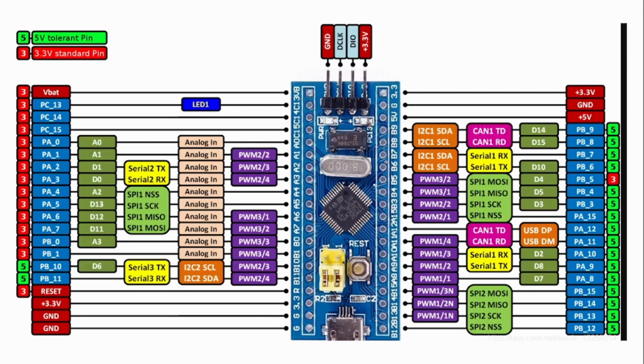So here B6 is I2C SCL, B7 is I2C SDA, A9 is serial TX, and A10 is serial RX, right? These 4 wires are connected, and the other 3.3 V and grounds are also connected.